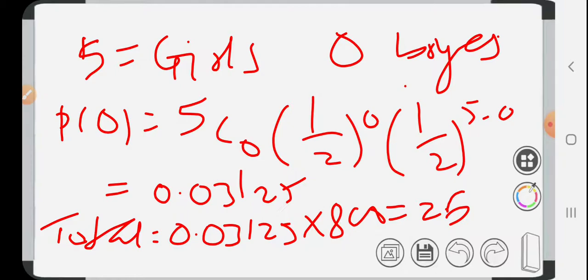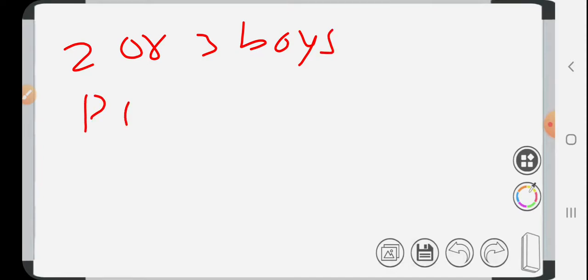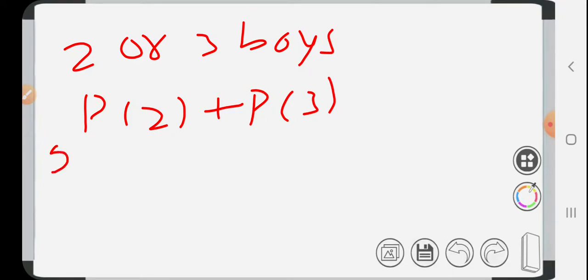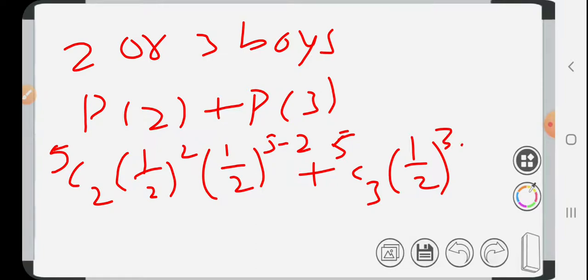And third one, 2 or 3 boys. 2 or 3 boys means P of 2 plus P of 3. So here 5C2 into 1 by 2 its square into 1 by 2 raised to 5 minus 2, plus 5C3 into 1 by 2 its cube into 1 by 2 raised to 5 minus 3.